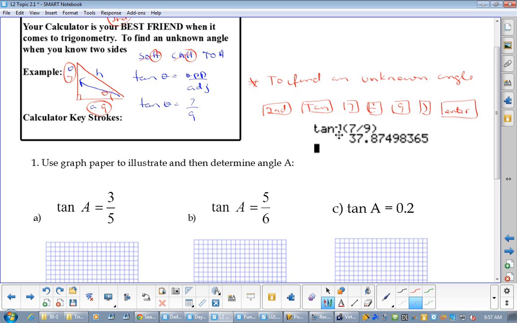That's tan inverse. You're always going to use tan inverse, sine inverse, and cos inverse when you're looking for an angle. Okay? So, to find an unknown angle, make sure you use second.